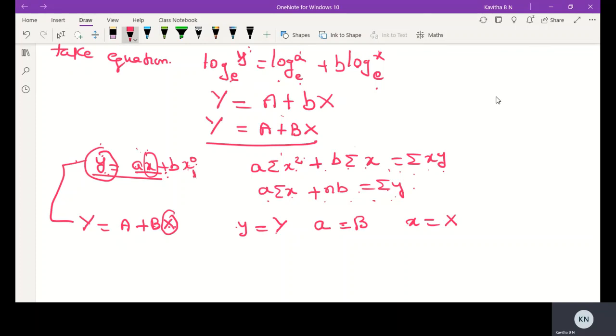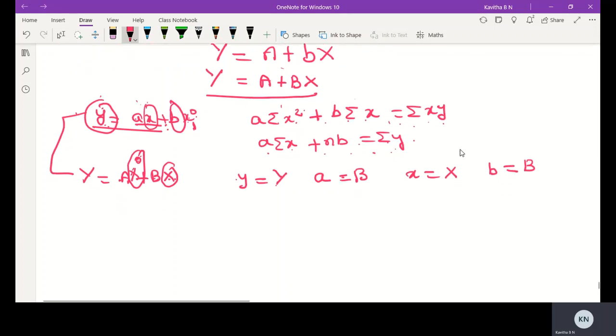The coefficient of x to the power of 0 is small b, and here it is capital A. In place of small b, write down capital A. Here, a is capital B. B into summation of, in place of x square write capital X square, plus in place of b write capital A.